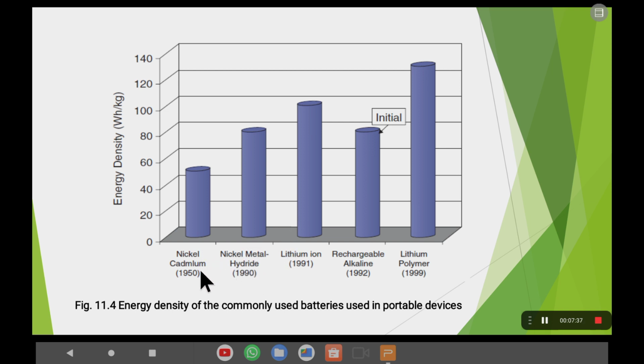This is a nickel cadmium battery, with an energy density greater than 40 and less than 50. Nickel metal hydride batteries are around 80, and lithium batteries are around 100, along with rechargeable alkali batteries. This is just a brief look at the energy density of commonly used batteries, with the corresponding values in watt hour per kg.